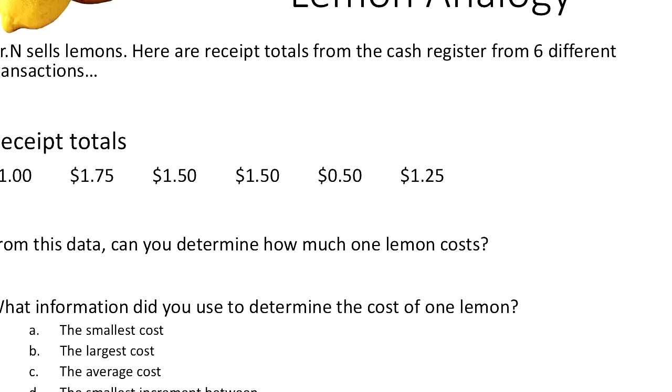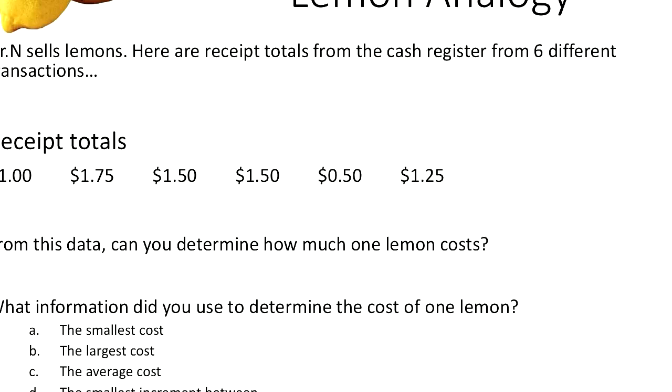I don't know how much I sell my lemons for, but you have access to my cash register, and you notice these reoccurring totals from my cash register, right? So when I sell these lemons, I have a receipt for $1, $1.75, $1.50, $1.50, 50 cents, $1.25. From that data, can you determine how much one lemon probably costs?